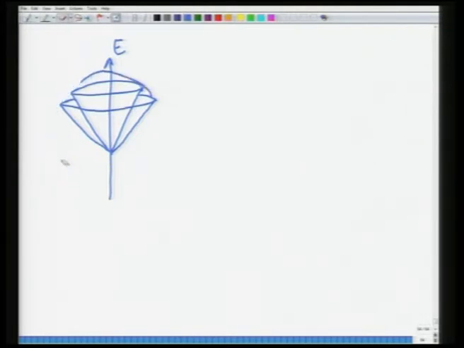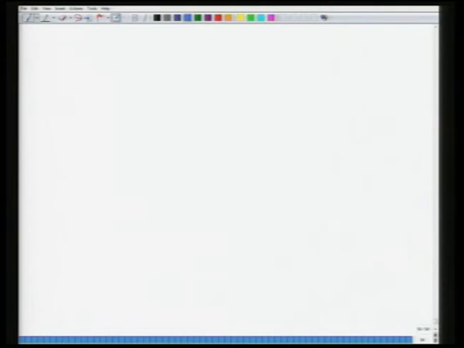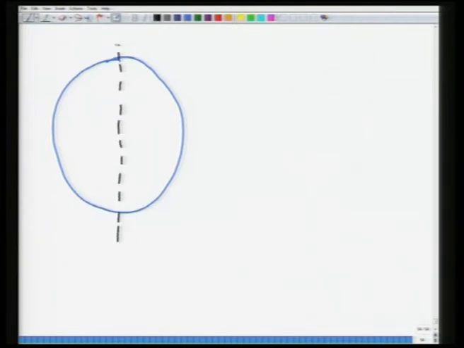So we draw it as a sphere. Let us say this is the direction of applied field E. The first cone, let us say, is this.